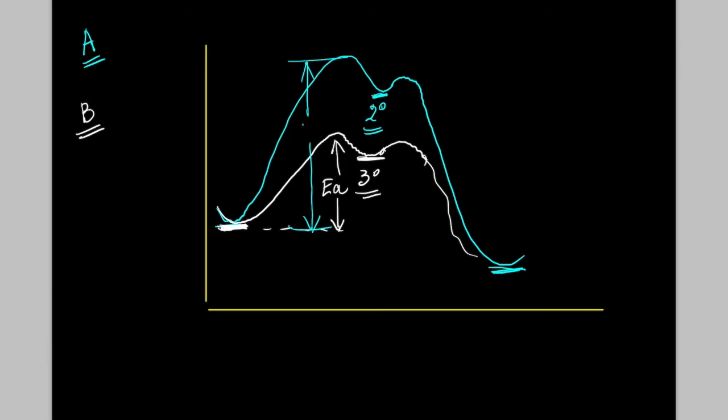Okay, so the white is lower. Okay, so the rate's faster. Okay, and so you form the tertiary carbocation intermediate, which gives you the Markovnikov product. So that's kind of the reasoning behind it. Okay, so that's where I want to end this point now.